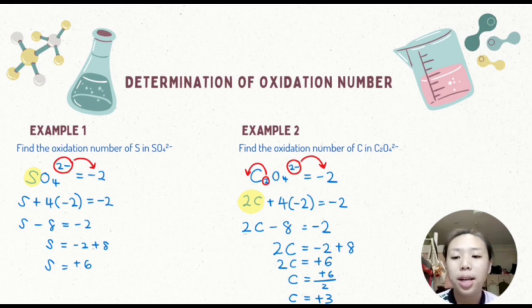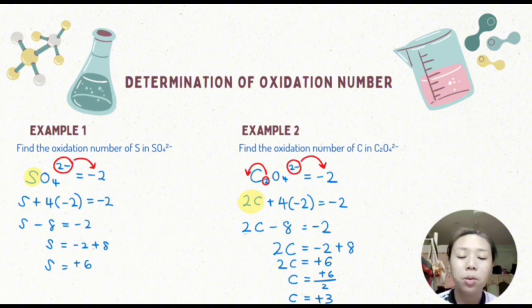So, S plus 4 times -2 equals -2. 4 times -2 equals -8. When we move the -8 to the left side, it becomes positive. Then we calculate -2 plus 8 equals +6. Therefore, the oxidation number of S is +6.